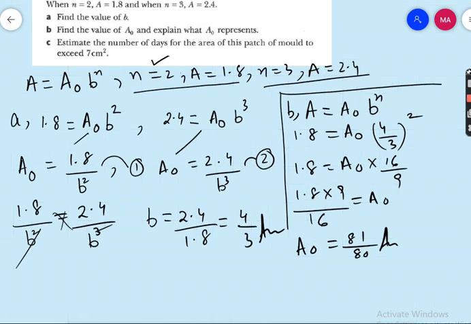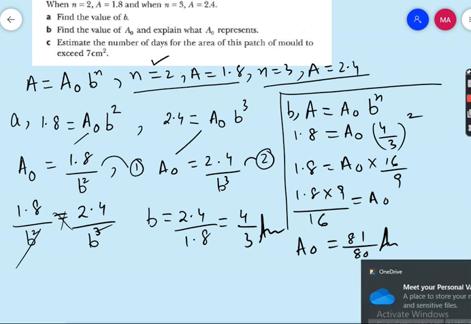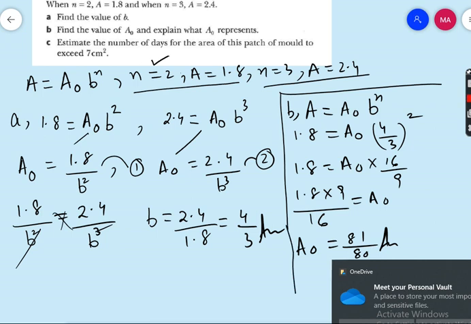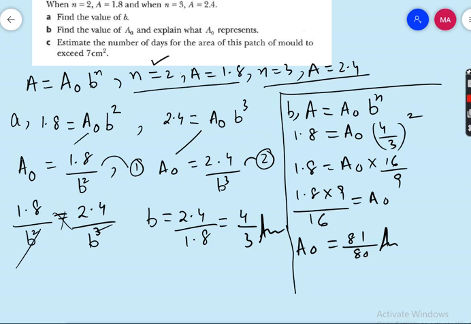You can see part B again. Find the value of A naught. We have found 81 upon 80 and explain what A naught represents. As you can see in this formula, A equals A naught b power n. So A naught means the initial stage. You can write the complete answer.